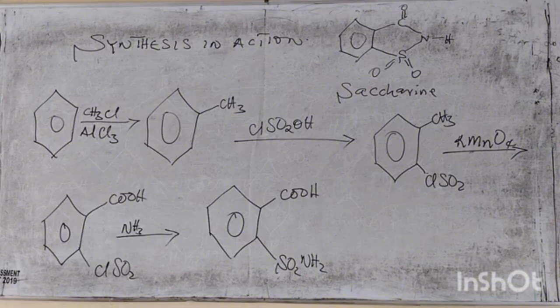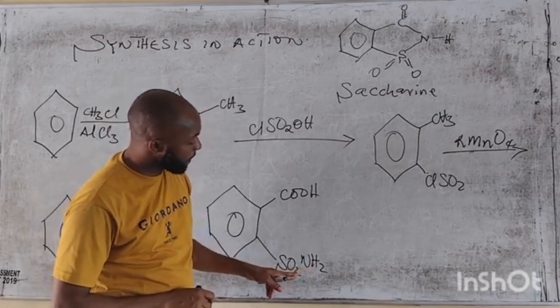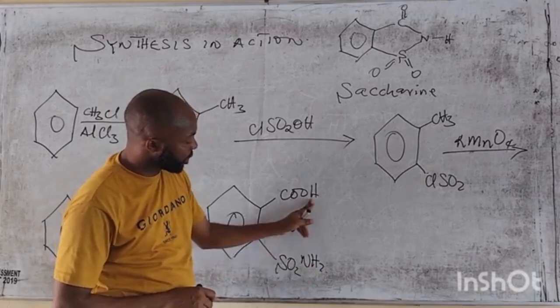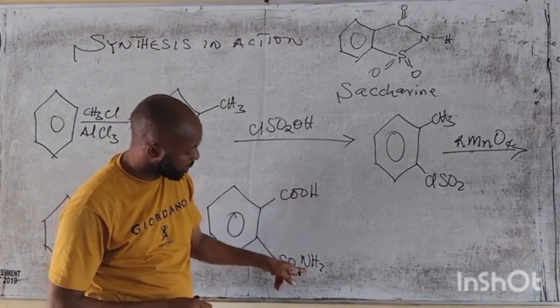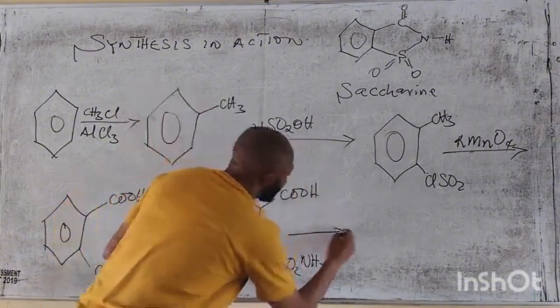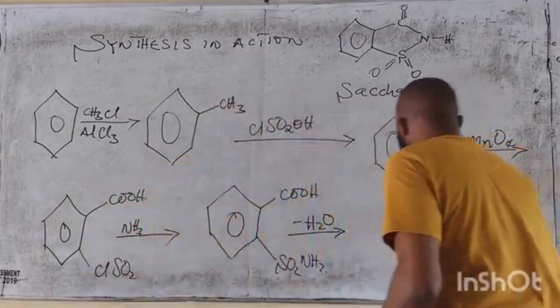Now, if I take out a molecule of water here, H2O out, I'll be left with this. Hydrogen will complete here. So then we go minus H2O, and I will have this.